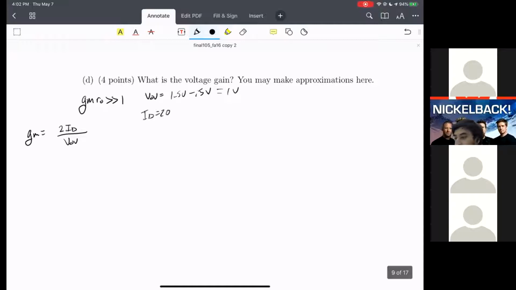ID is 250 microamps, and this results in 500 microsiemens. ro is equal to 1 over lambda ID, so we have 1 over 0.05 times 250 microamps, which is equal to 80 kilo ohms.